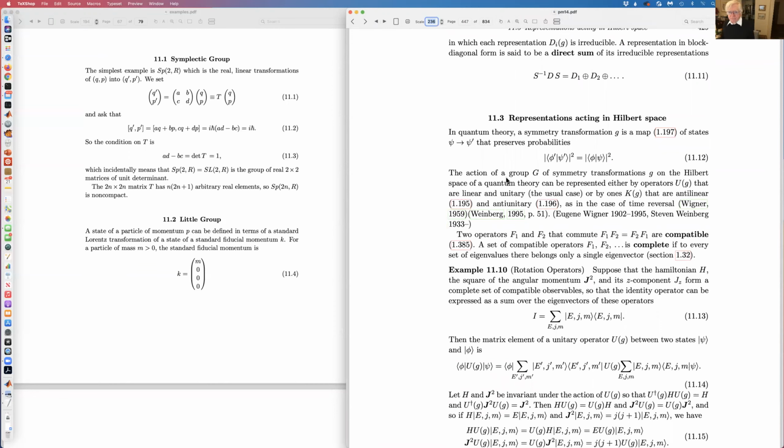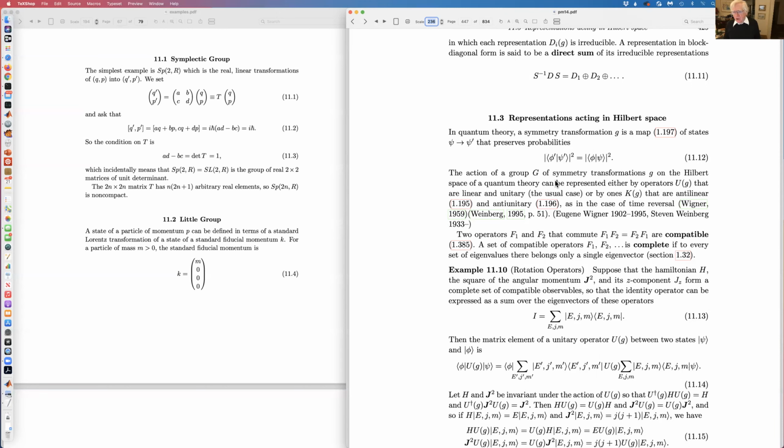Now, in quantum theory, a symmetry transformation, as you know, is a map of states, psi to psi prime, phi to phi prime, such that the inner products have absolute values that are equal. And so that's what we mean by a symmetry transformation.